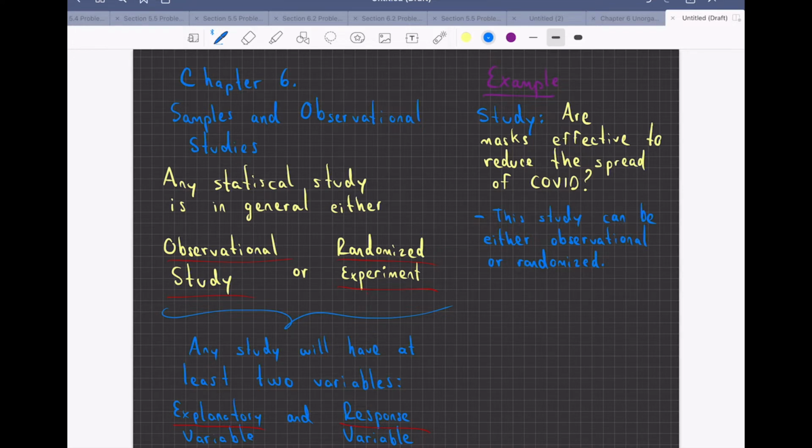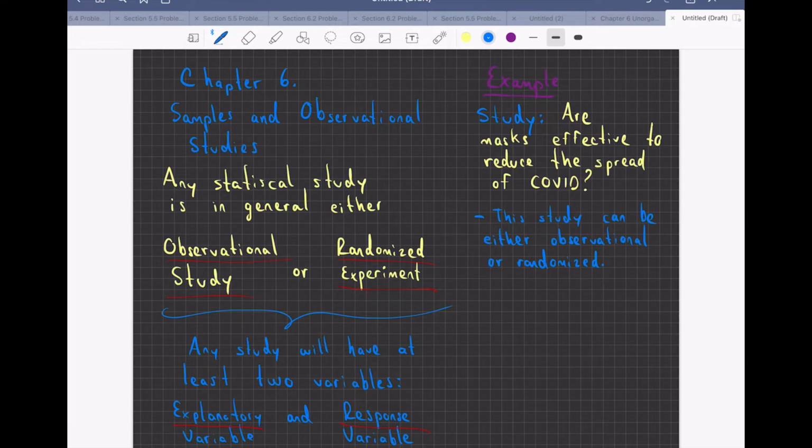What is the difference? Well, in observational studies, as I have mentioned before, we only observe, we do not manipulate anything. And in a randomized experiment, we try to control the explanatory variable to influence the response variable and see whether we have cause and effect.